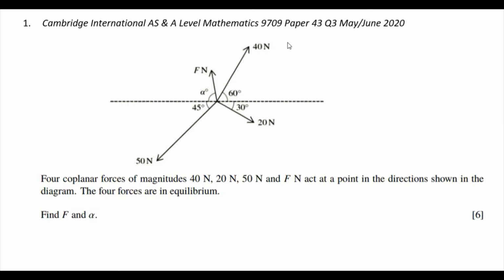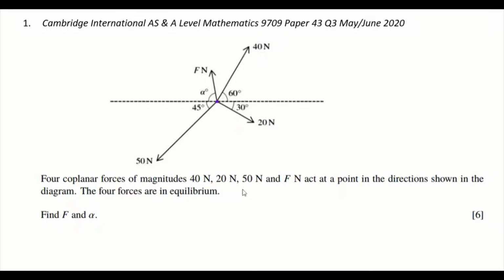So this is a past year question from paper May June 2020, paper 4.3. So four coplanar forces of magnitude 40 Newton, 20 Newton, 50 Newton, and F Newton act on a point in the directions shown in the diagram. So this is the point. So the four forces are in equilibrium. Okay.